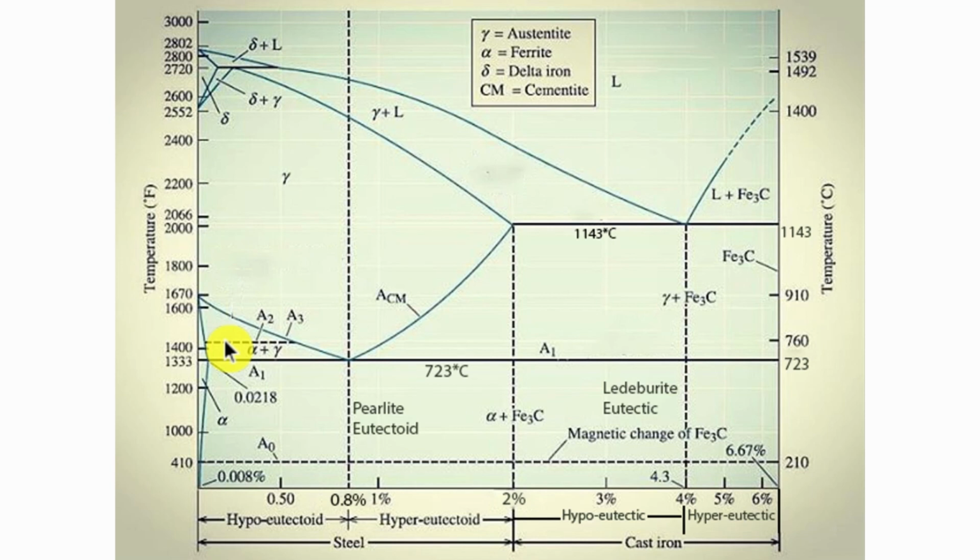So 768 degrees centigrade is the Curie temperature of ferrite. So below this temperature, ferrite is ferromagnetic till ambient temperature. Hence, at 210 degrees centigrade and below, ferrite and cementite both are ferromagnetic. So, carbon steel or cast iron can be easily magnetized below 210 degrees centigrade.